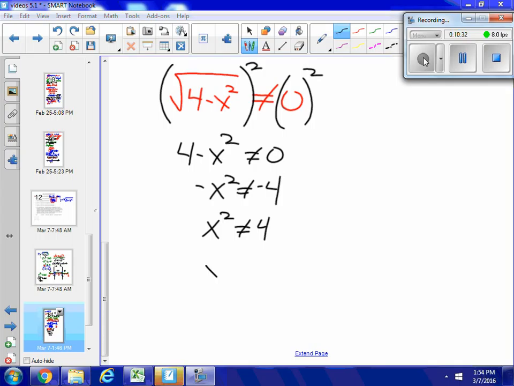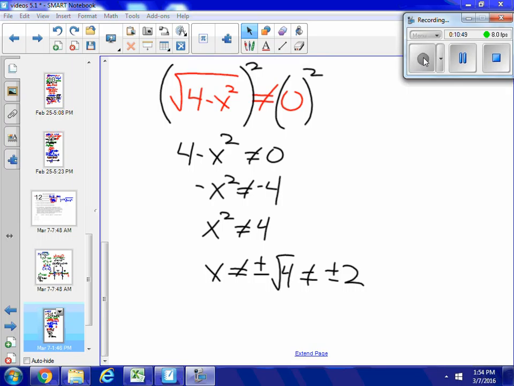So I get x cannot be equal to plus or minus the square root of 4, which is plus or minus 2. So x cannot be equal to positive 2 or negative 2. I'll put that in a little box right there.